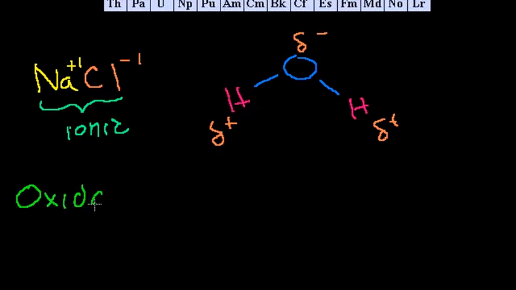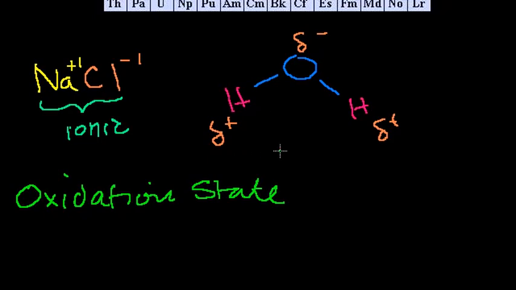Oxidation states. Oxidation state. And this is essentially assigning, with an ionic compound, you naturally assign a charge because each atom really does have a charge. But let's say we want to live in a world where we don't like this partial charge, partial negative. We want to say, look, if this were, hypothetically, a ionic bond, what would it look like?